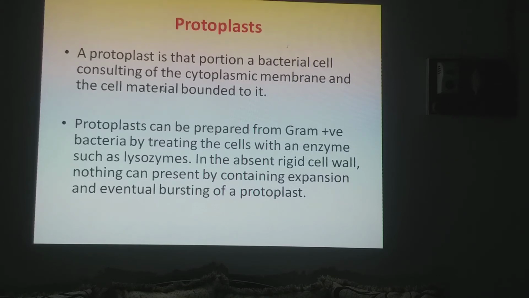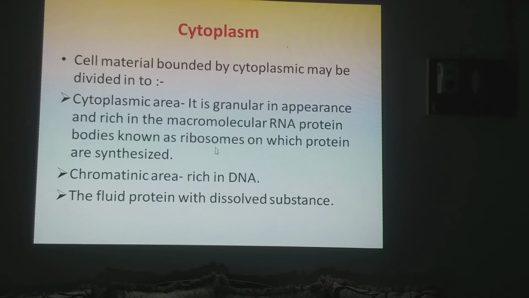You all know the protoplast is that portion of the bacterial cell consisting of the cytoplasmic membrane and the cell material bounded by it. Protoplasts can be prepared from gram-negative bacteria as well as gram-positive cells.